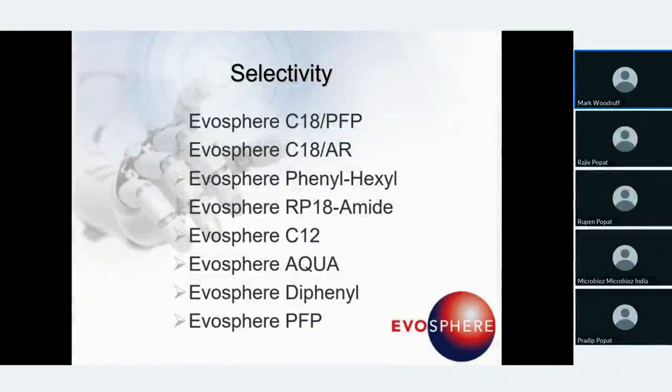So we've already increased efficiency by moving to a monodispersed particle. Now can we add a lot of selectivity to those monodispersed particles by using some of these stationary phases to gain retention and selectivity of some of our more complex components?